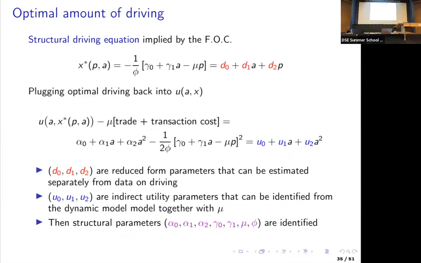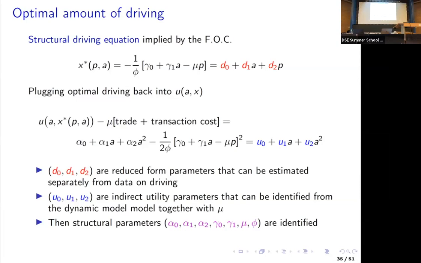We can estimate this driving equation separately using data on driving, and there's going to be a lot of heterogeneity introduced into the parameters. At the same time, we can rewrite the indirect utility function as just a function of age and age squared of the car and estimate the dynamic choice model freely with just these parameters U0, U1, and U2.